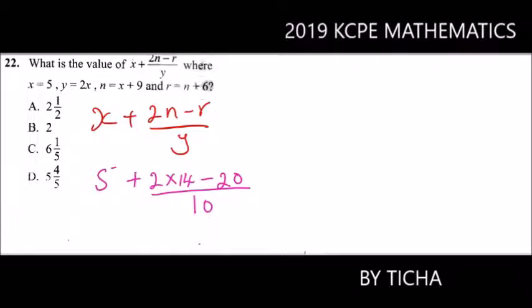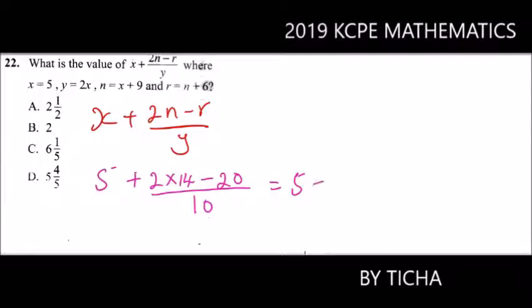So that is how you substitute that. This means it's 5. We first of all work with the fraction. 2 times 14 is 28. 28 minus 20 is 8.